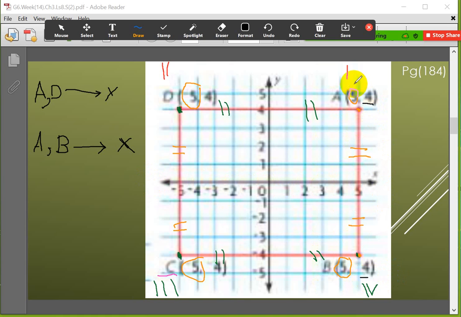When 2 points have the same y coordinate and the x is the opposite, the line of symmetry is the y-axis.